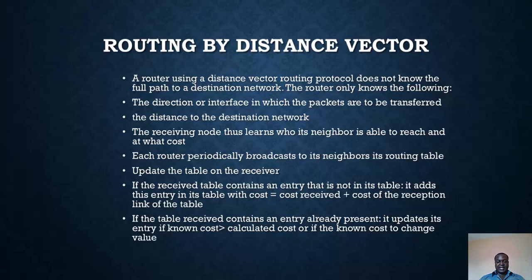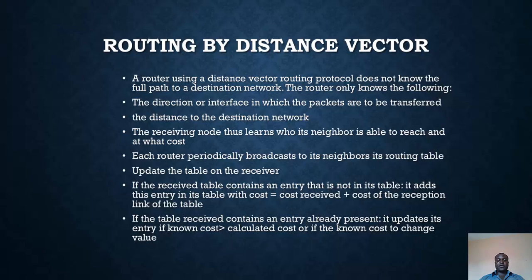Each router periodically broadcasts its routing table to its neighbors. Update the table on the receiver. If the receiver's table receives an entry that is not in its table, add this entry in its table with the cost equal to the received cost plus the cost of the reception link of the table.